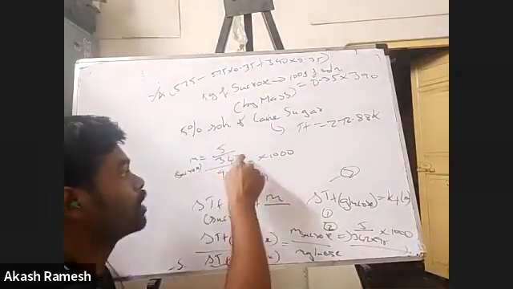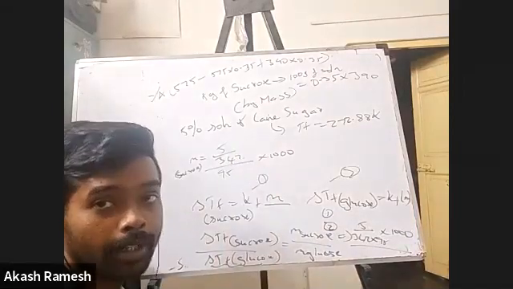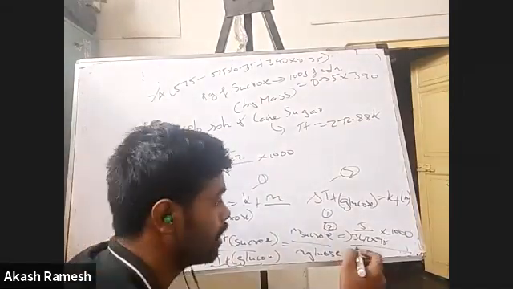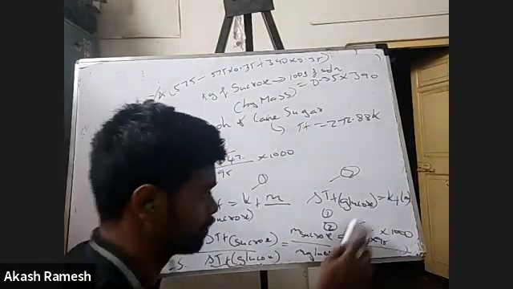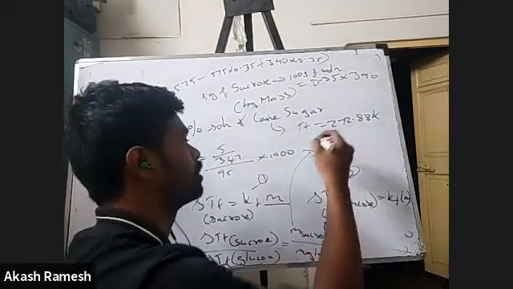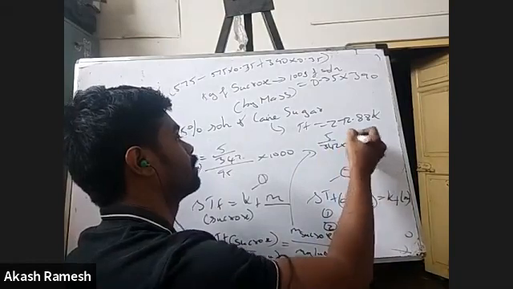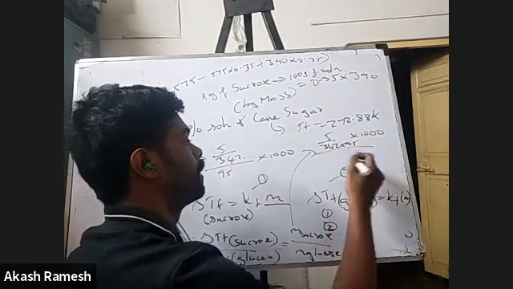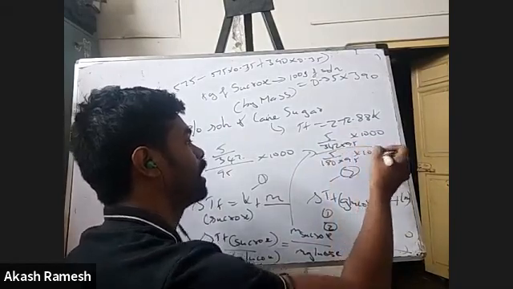Only the molecular mass varies. Instead of 342, it will be 180. So it will be 5 divided by 342 into 95 into 1000, divided by 5 divided by 180 into 95 into 1000.